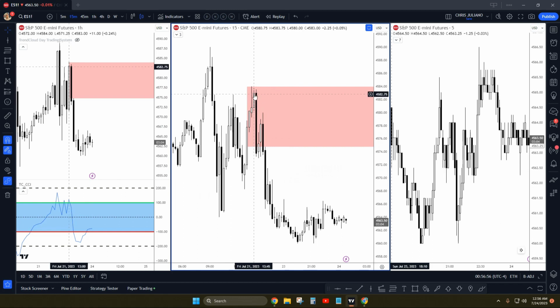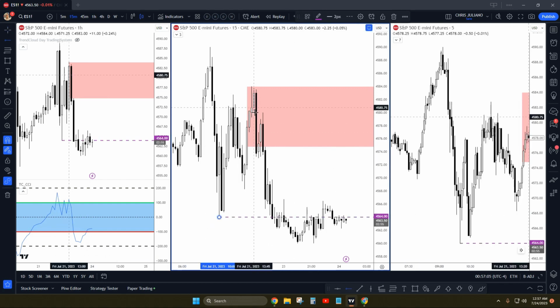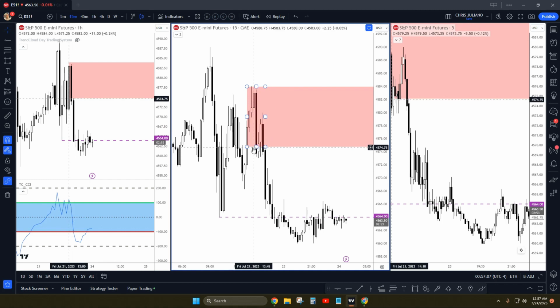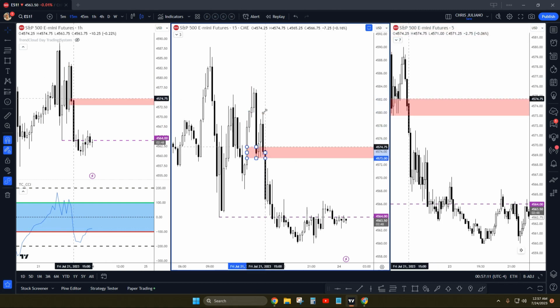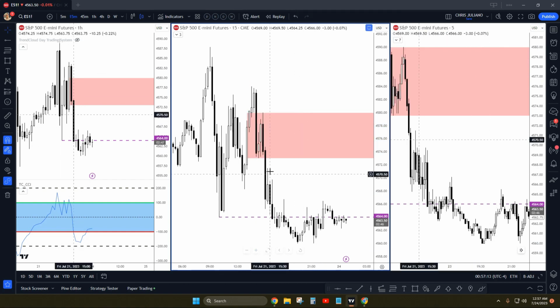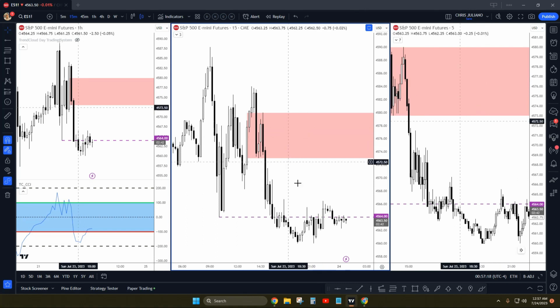We've got this large base drop that broke structure right here. This is looking pretty good. So let's tighten up this supply zone, and it would look like that. So that is your first area of interest.